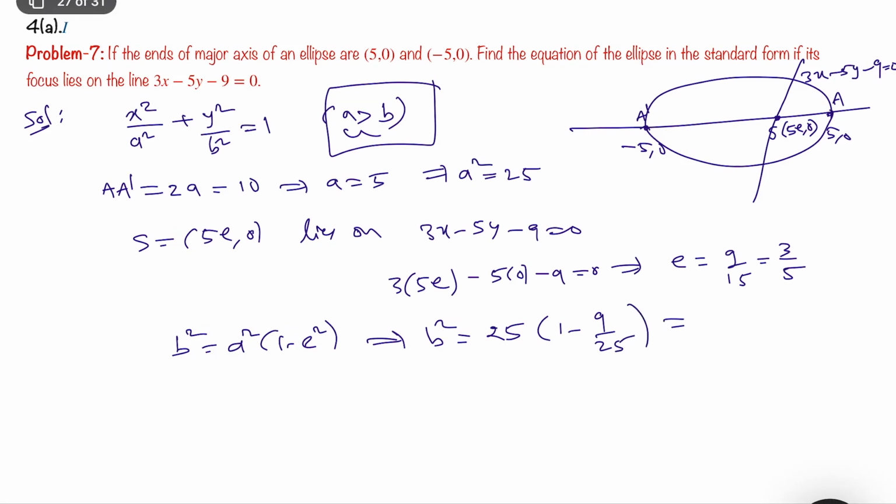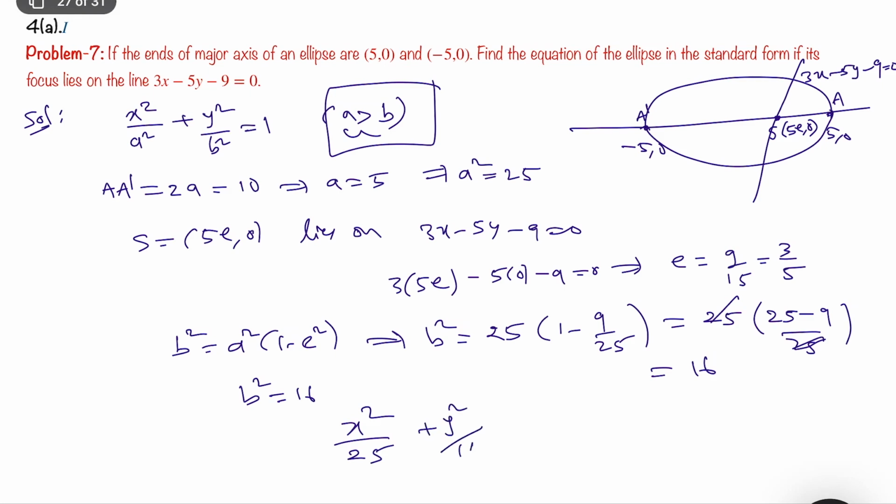Okay, so 25 times 25 minus 9 by 25. So 25 cancel. It's going to be 16. So the b square value is 16. So our equation is going to be x square by 25 plus y square by 16 equal to 1. So this is the equation of an ellipse.